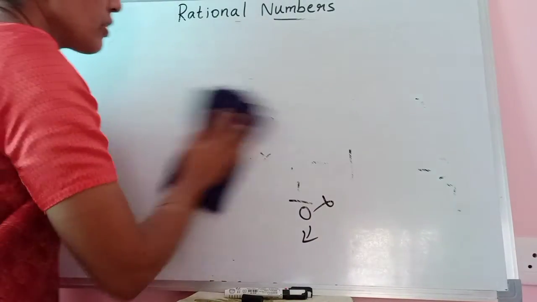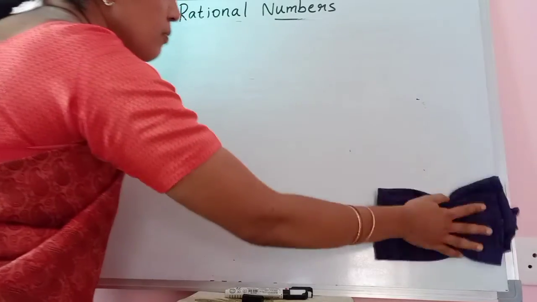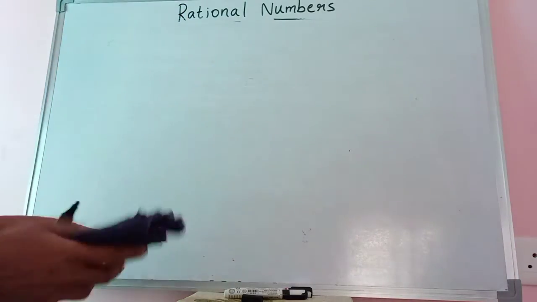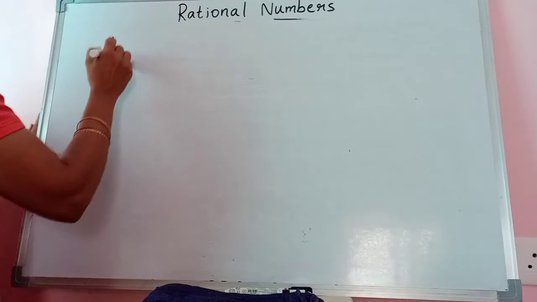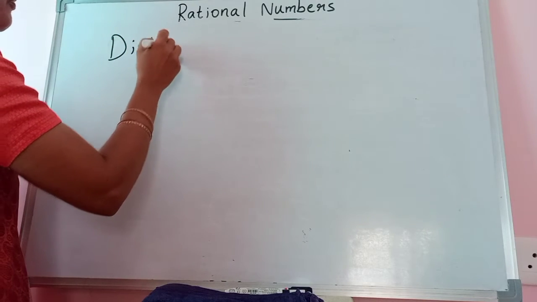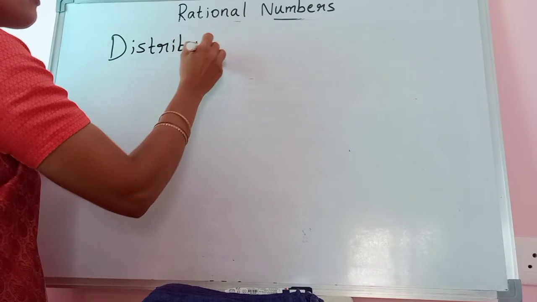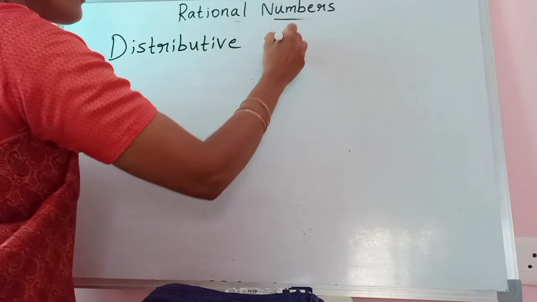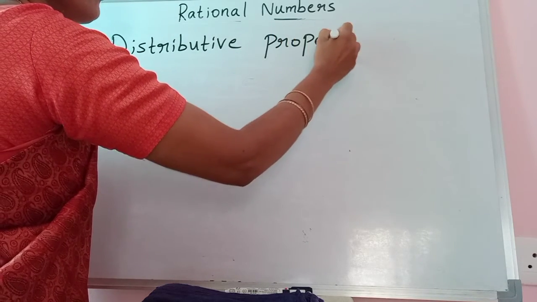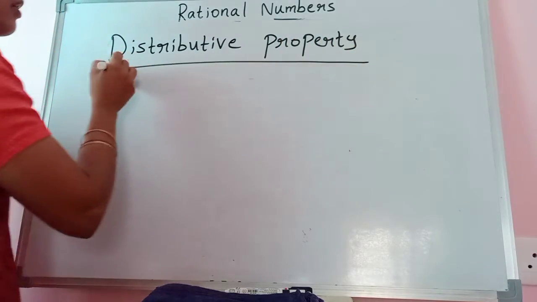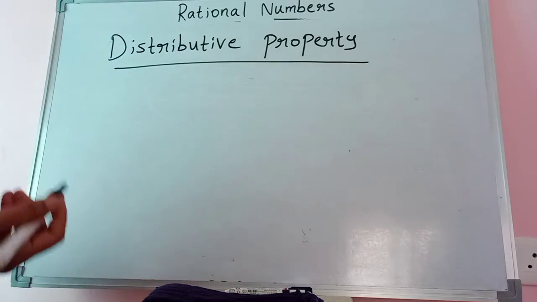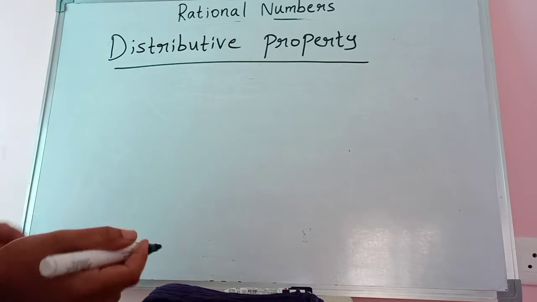And finally, in this video, we are going to learn what the distributive property is. Okay, children? The last property left is distributive. Distributive property is there under multiplication over addition and multiplication over subtraction.